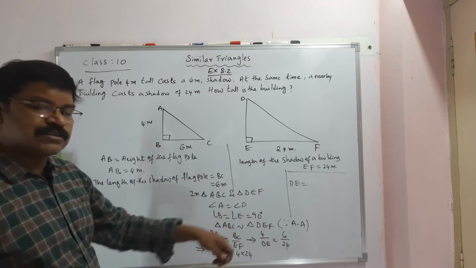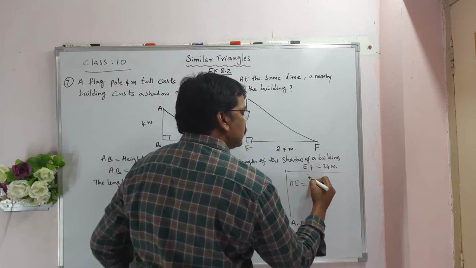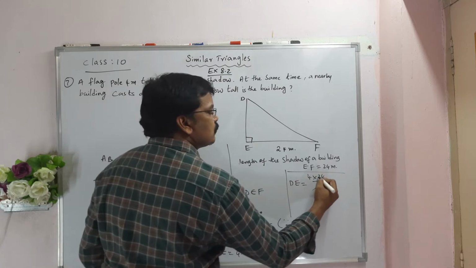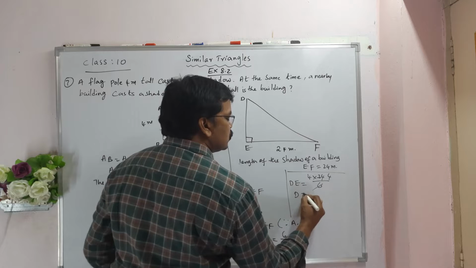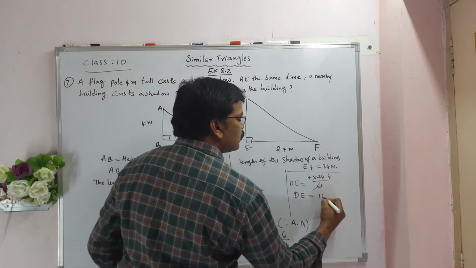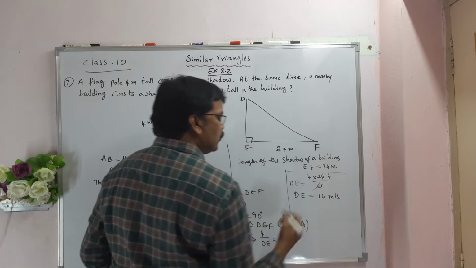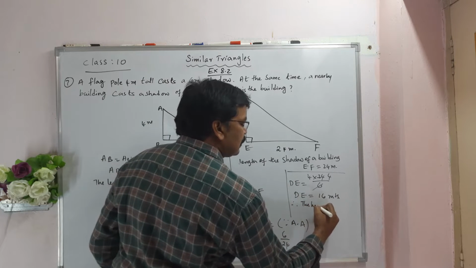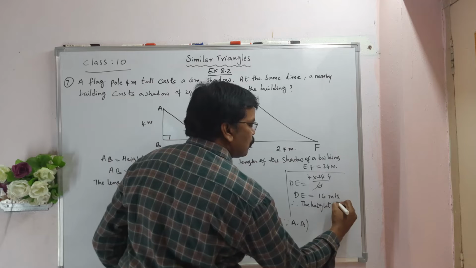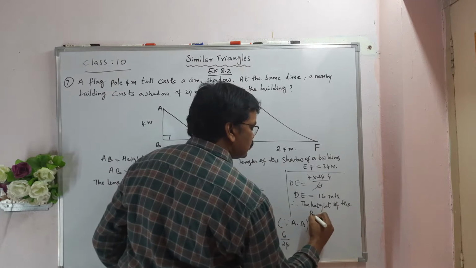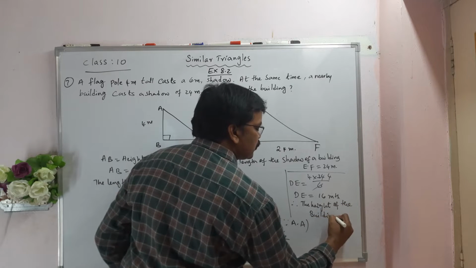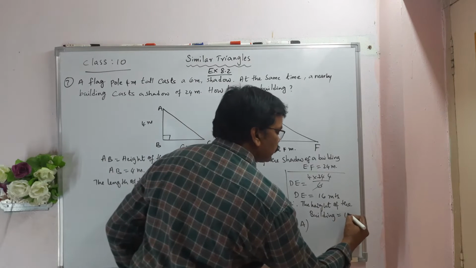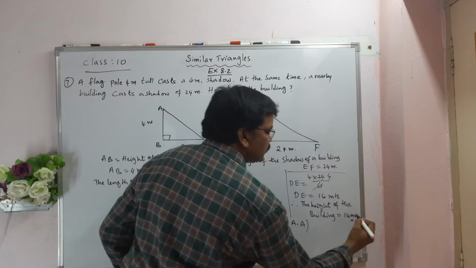When this 6 is transposed to the other side, it becomes divided by 6. Now 6 in 24 goes 4 times, so DE is equal to 4 into 4, which is 16. Therefore, the height of the building is equal to 16 meters.